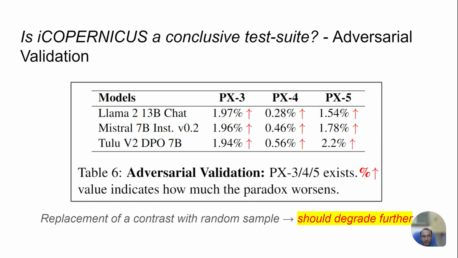And we saw that yes, that is actually happening, which means the iCopernicus tests were not really equivalent to the random test.